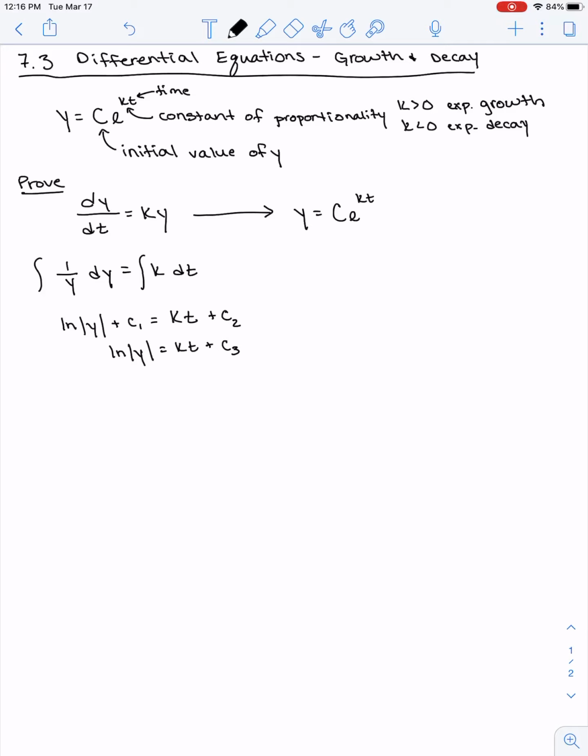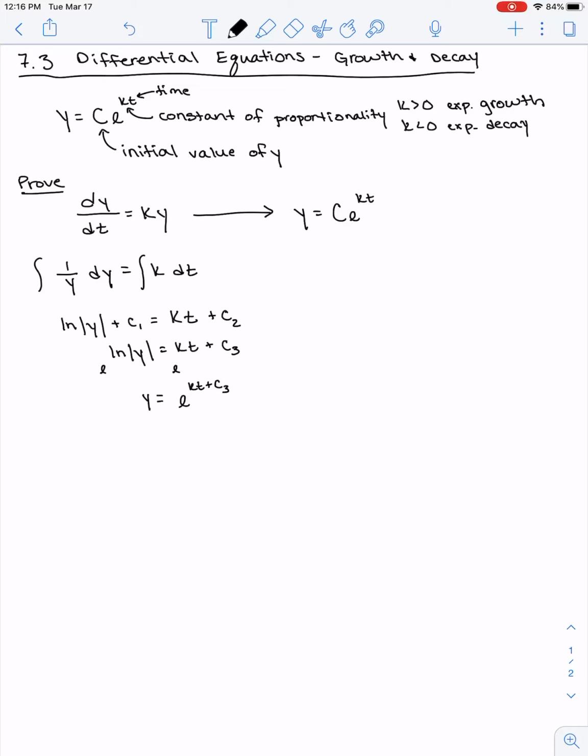So now we need to do e to both sides so that we can get that y is equal to e to the kt plus c3.